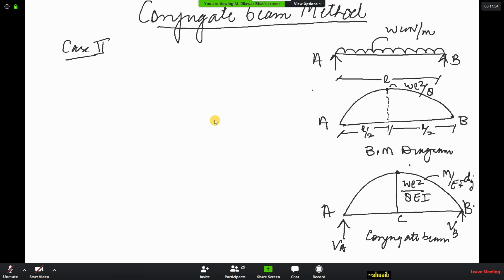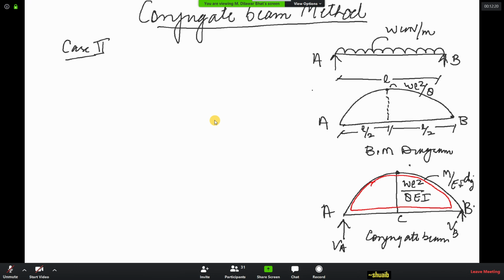Now the loading of this conjugate beam is as per the bending moment diagram; this area is now your load.